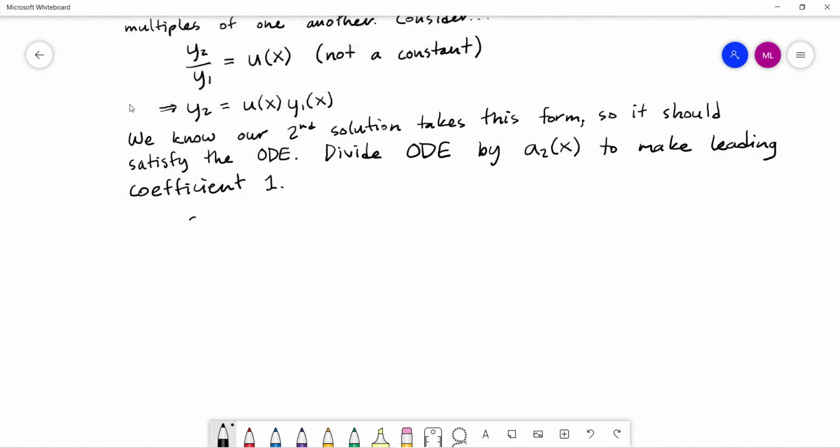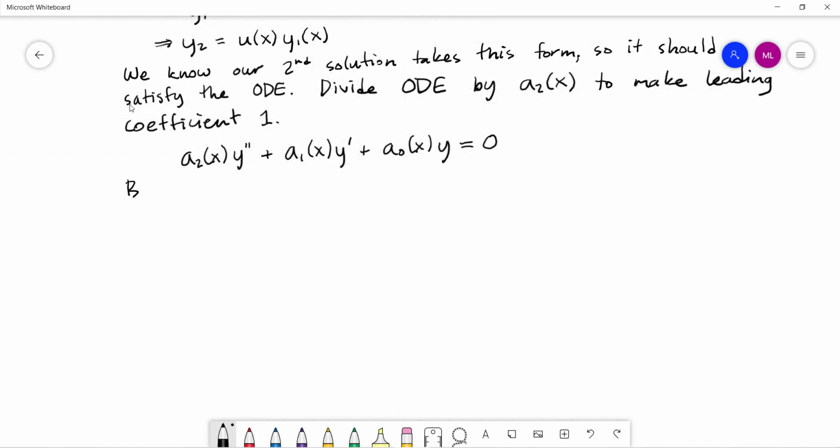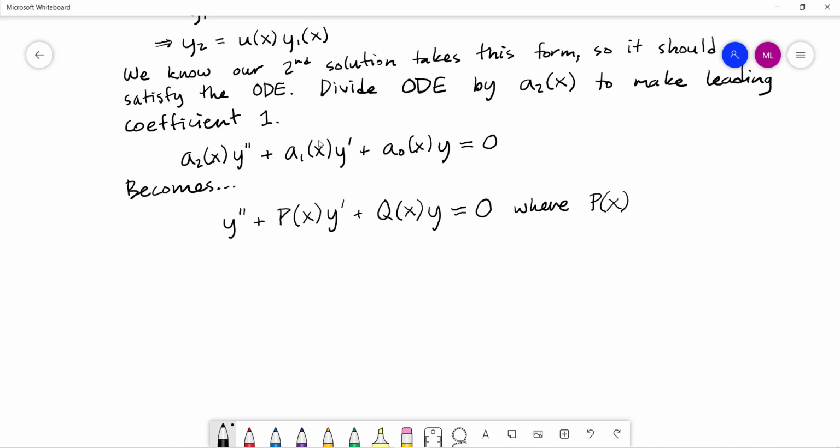So I'm going to rewrite the a2 of x times y double prime plus a1 of x times y prime plus a0 of x times y equals 0. I'm going to rewrite this as the following. It becomes just y double prime plus some function that I'm going to call p of x times y prime plus some other function I'm going to call q of x times y equals 0, where that p of x is just this coefficient divided by the a2 that we already divided through by.